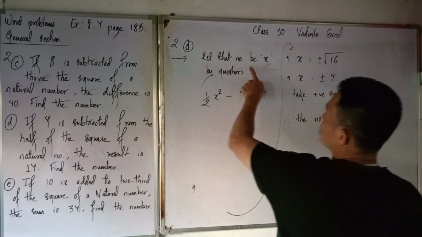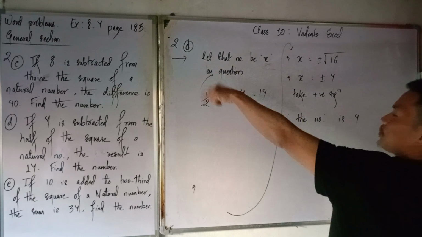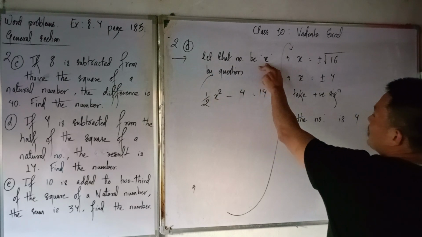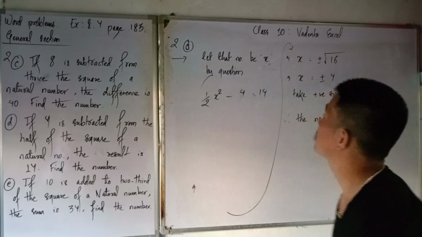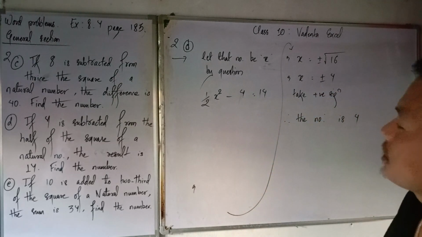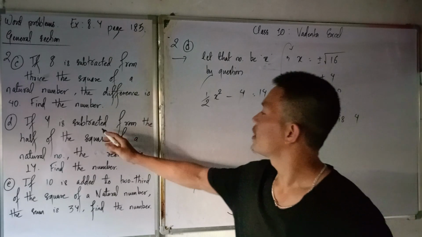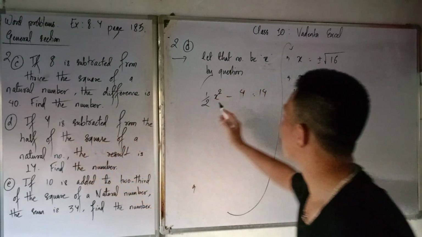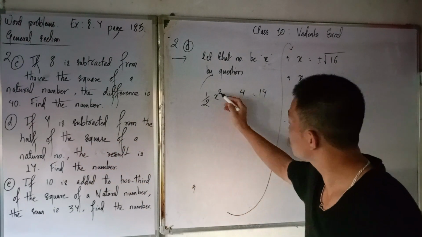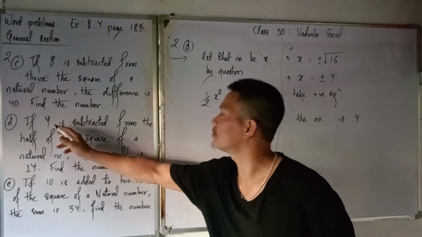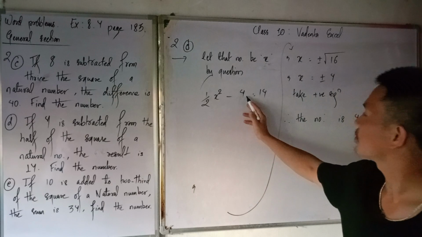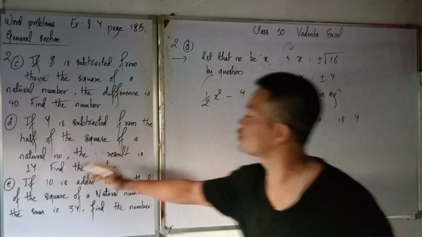We have supposed the same variable x as the number. According to the equation, 1 by 2 means half of the square of the number; if 4 is subtracted from it, that equals 14.